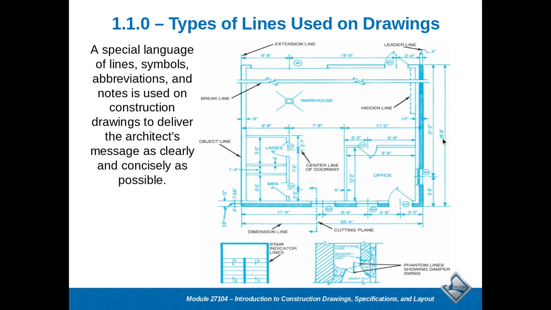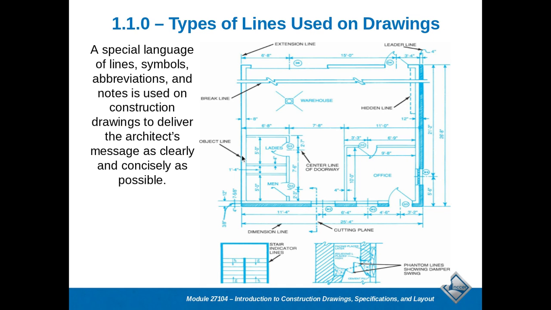We've got break lines and cutting plane lines, so make sure you are understanding those. Dimension lines right here, these are going to be your most common lines that you'll see. Then we have object lines right here.